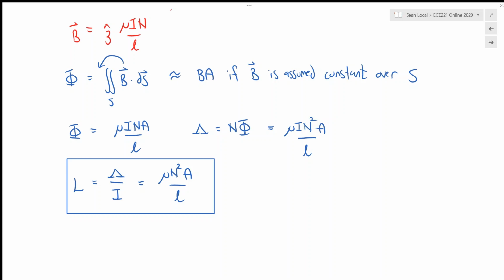If I increase the cross-sectional area, the inductance also goes up. It's tempting to think that as the inductor gets longer, the inductance goes down, but remember that the total number of turns is also related to the inductor length. And so your N is proportional to L. So in fact, the proportionality with the length is actually with L and not 1 over L. All right, so this concludes this first example for inductance.